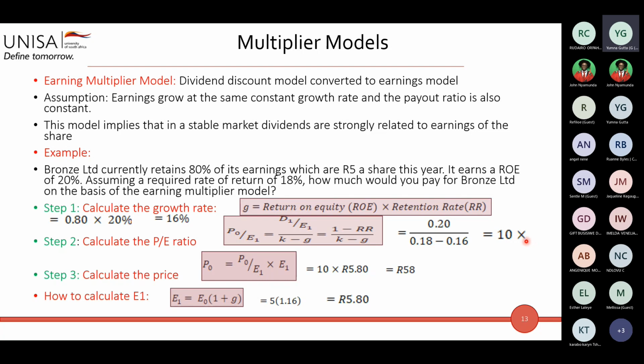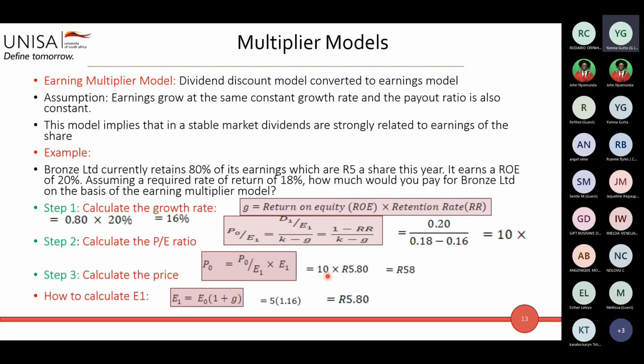Now we need to work out the price. We were given the earnings, our current earnings are 5 Rand a share. So to work out the price, we take our PE ratio times our earnings. But what you need to remember is you're not doing earnings in year 0. You have to do earnings in year 1, just like how we did in the dividend growth model, right?